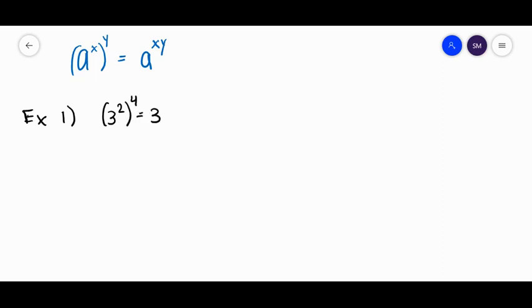So let's talk about the power rule for exponents, which says that a to the x raised to the power of y is equal to a to the power of x times y. So for example, 3 squared raised to the 4th power would be equal to 3 to the power of 2 times 4, which is 3 to the 8th.